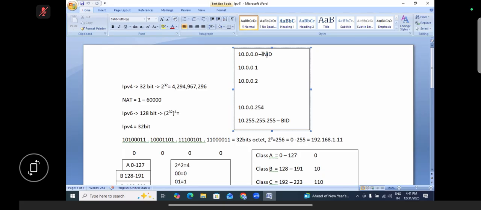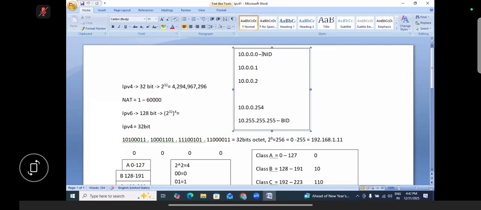Clear, guys? Assume this classroom is our network, right? This classroom has one network ID like admin, and a broadcast ID like me, and the remaining IP addresses are for you. You people are valid IP addresses. Got it, guys? One chair for Satish, one chair for me, remaining chairs for you.